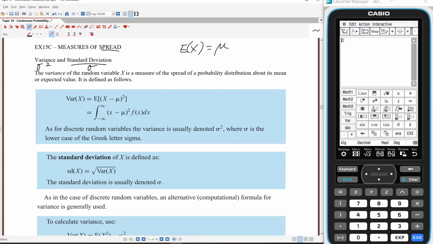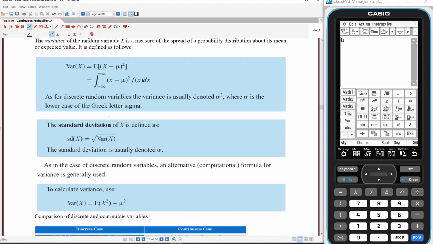You remove the mean from the values that the random variable can take, then you square the values and you sum those squared differences together. That's basically what this formula does. And the standard deviation, as I just said, SD(X) is equal to the square root of the variance.